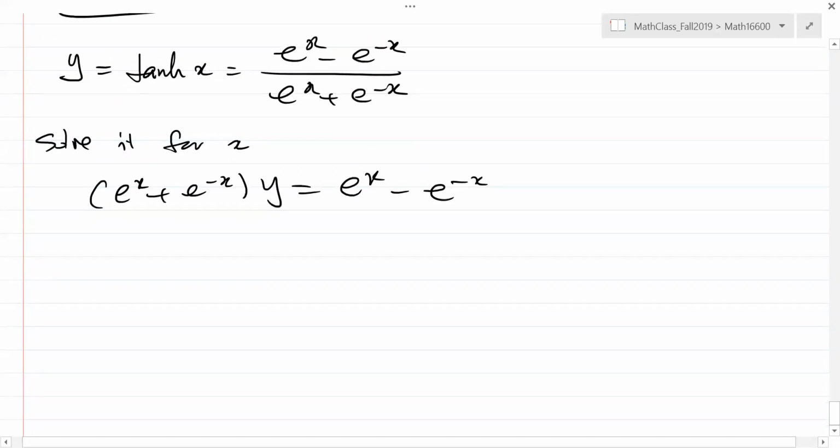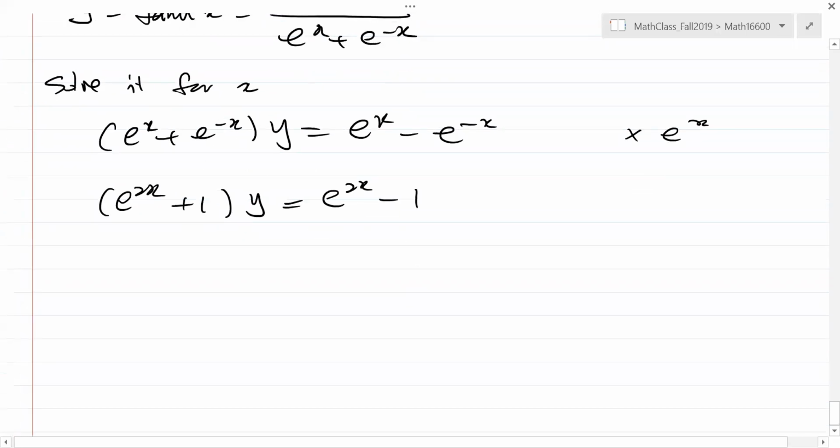So now we multiply both sides by e to the x. I got e to the x squared plus 1, y, e to the x minus 1. Then I collect those terms.